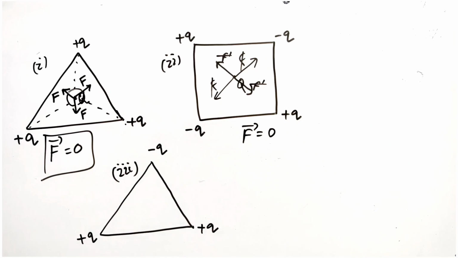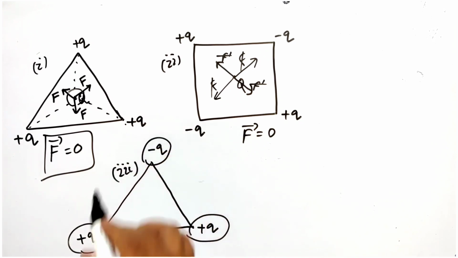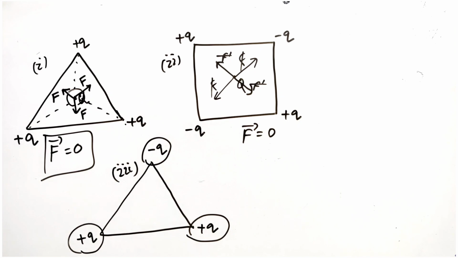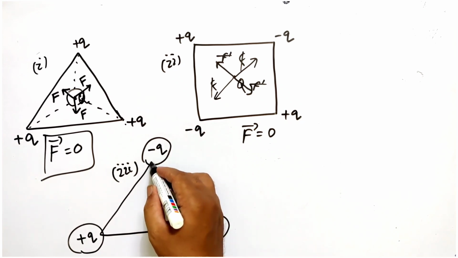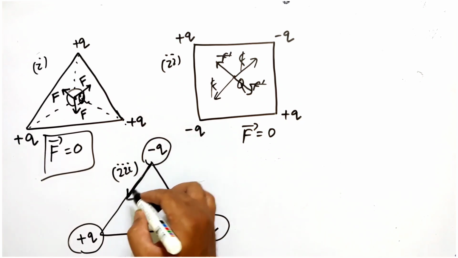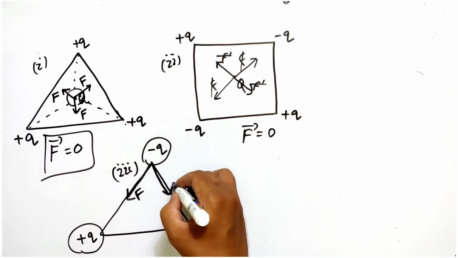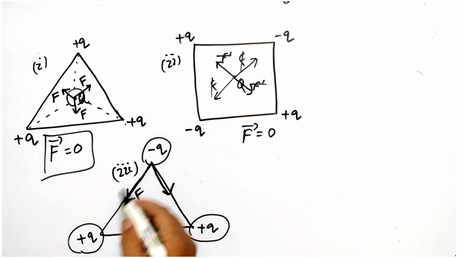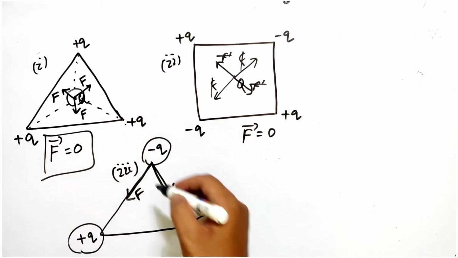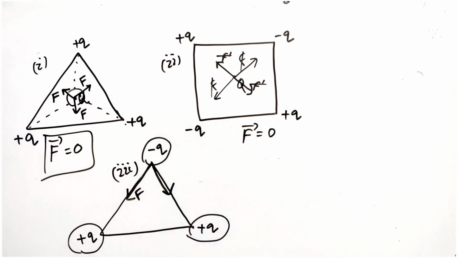And in this question it is given that an equilateral triangle is there, and two positive charges are placed at the base and one negative charge is present here. So in the question it is given to find the force on the negative charge. So this negative charge is going to experience a force along this direction and along this direction, because these two are going to attract the negative charge.